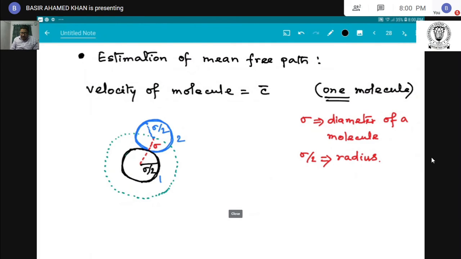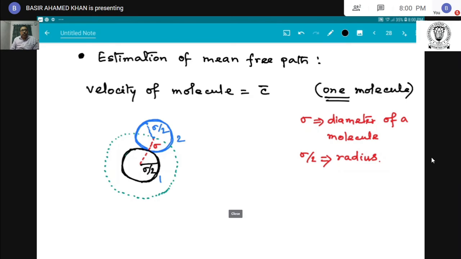The other molecule collides with this moving molecule only when its center lies on the dotted line sphere. Otherwise no collision occurs.